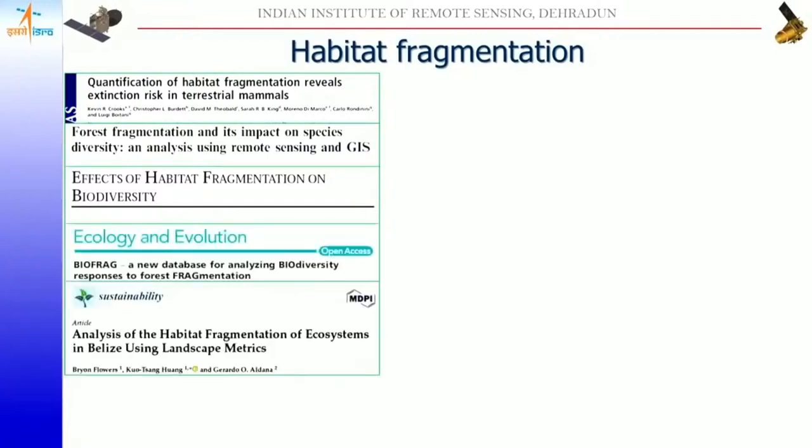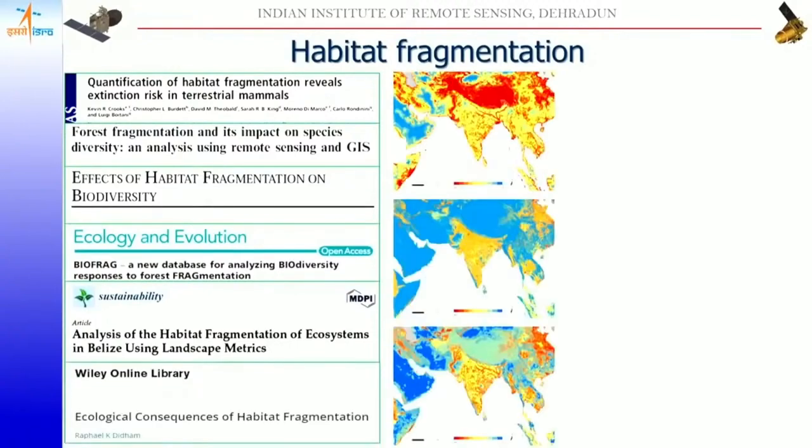So you will find lots of studies and lots of databases developed globally, and these can be studied from a local level to a large global level. So this is one example, the study conducted by Crooks et al., based on the availability of the interior core for a particular group of terrestrial mammals. Based on that, the fragmentation index was developed.